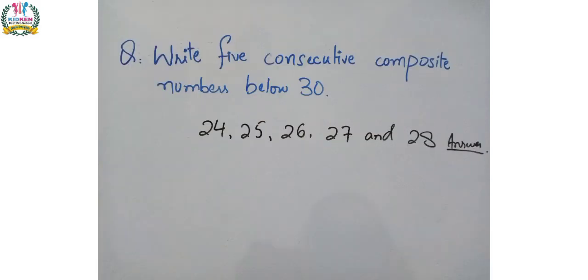Next question is write 5 consecutive composite numbers below 30. Before starting this question, I would like to define consecutive numbers. So what are consecutive numbers? Consecutive numbers are those numbers that come in a row. Means we have the formula x plus 1, x plus 2, x plus 3 and so on.